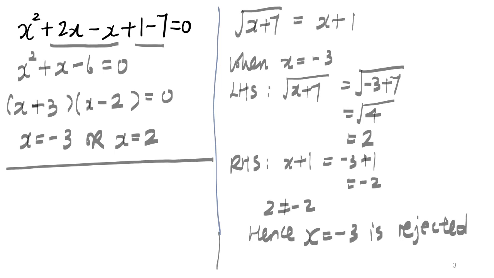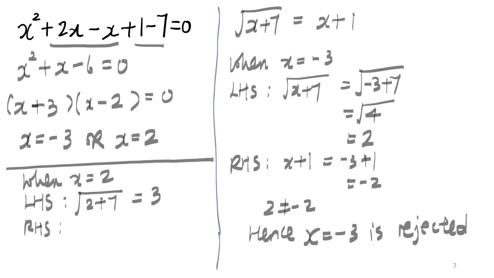Alright, so this is how you check if the answer is valid or not. Let's do it for the other answer, which is x equals 2. So when x equals 2, the left hand side will give you square root of 2 plus 7, that gives you square root of 9, gives you 3. And then your right hand side will be 2 plus 1, which gives you 3.